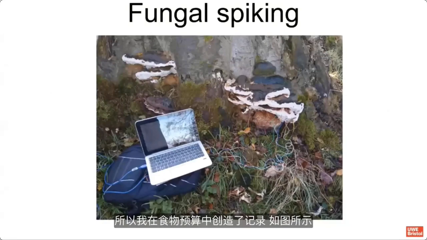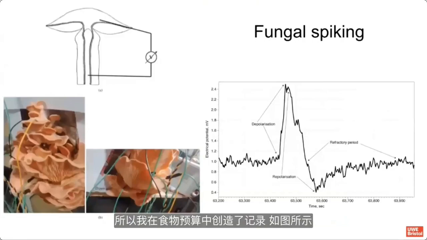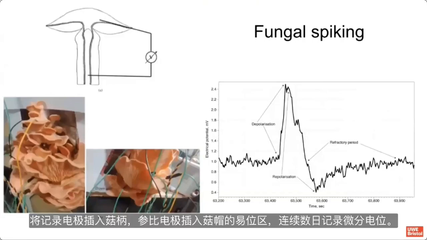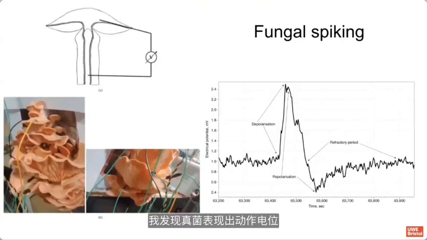So I inserted electrodes in fruit bodies, as shown in this picture, with the recording electrode inserted in the cap and the ground electrode in the stem, and recorded differential potential for days and days. I found that fungi exhibit action-like potentials. They have visible depolarization, repolarization, and a refractory period.